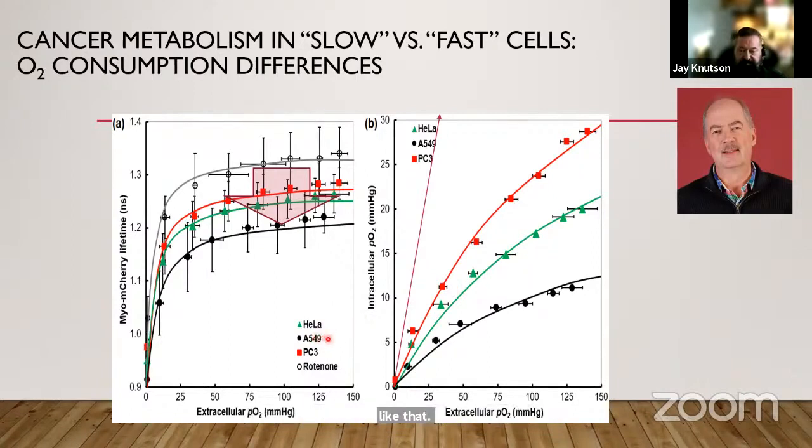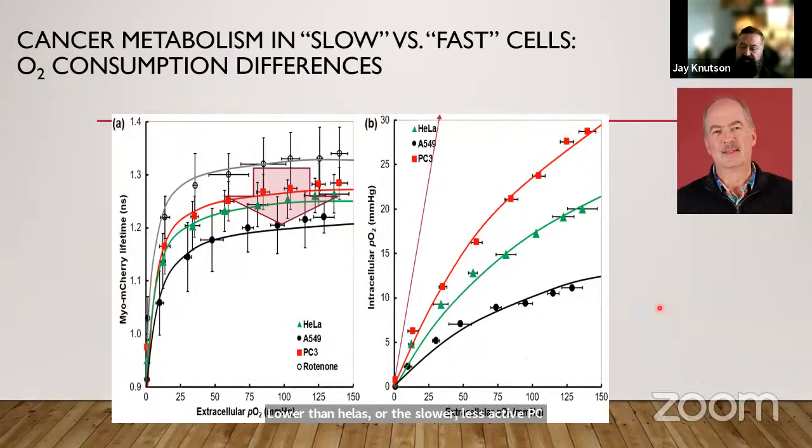A549 are the most metastatic, PC3 are the less, and you can see that they follow that order in terms of what we measure as their internal oxygen versus what's being applied in the media. You can see that A549 reduces the oxygen levels lower than HeLas or the slower, less active PC3s.